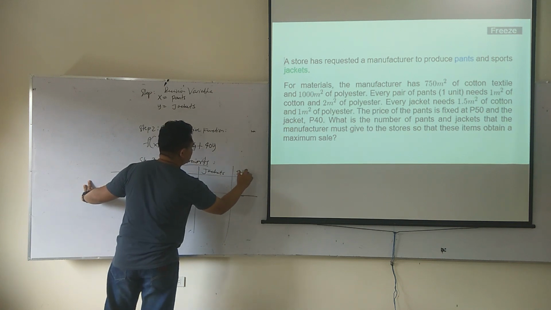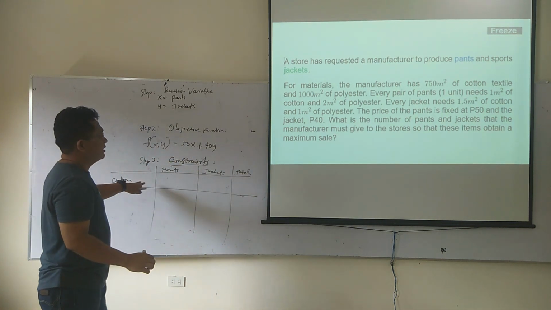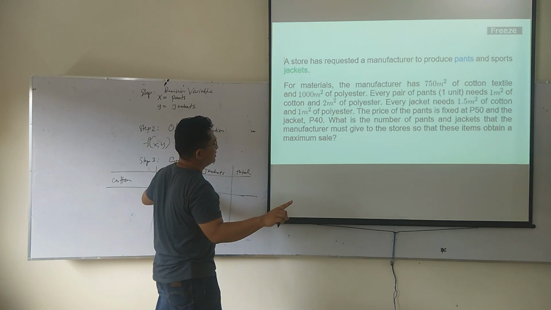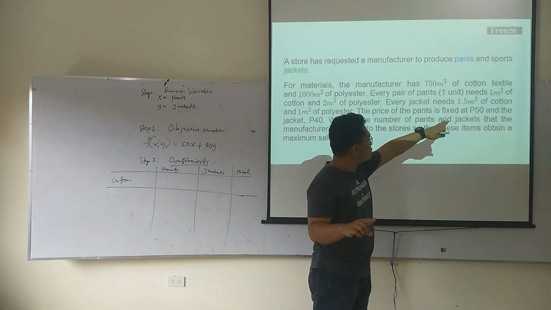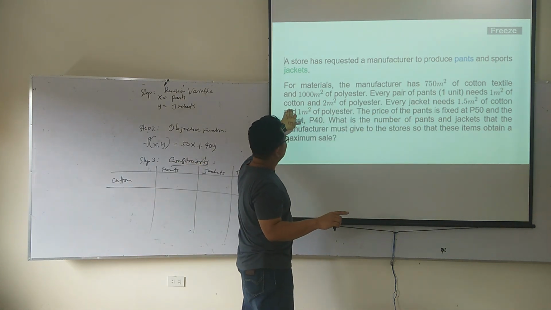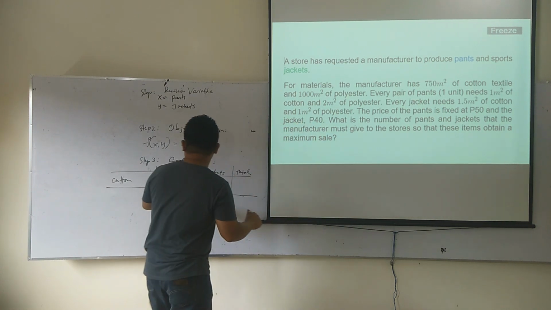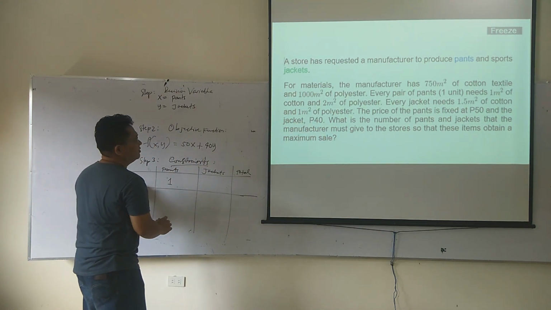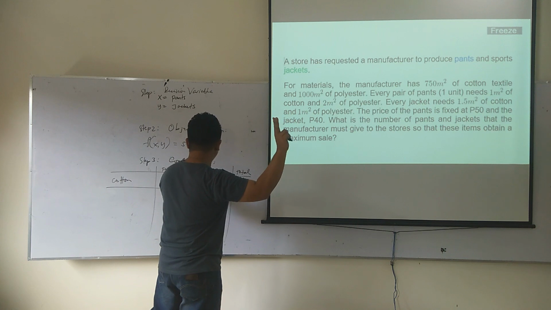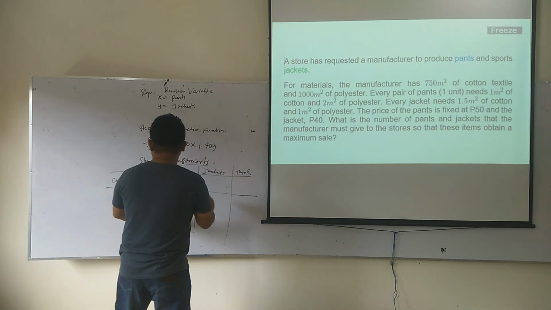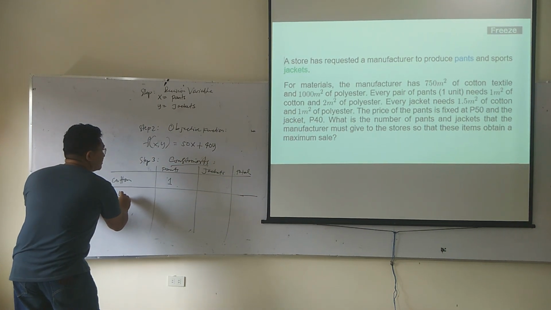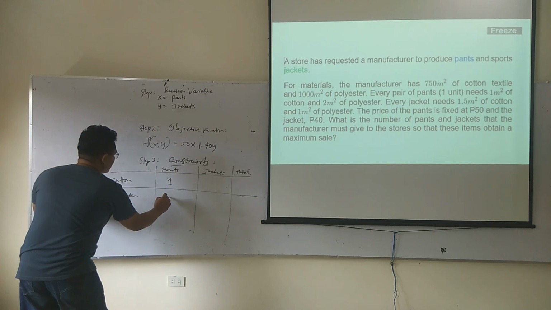Each pants needs 1 square meter of cotton and 2 of polyester.